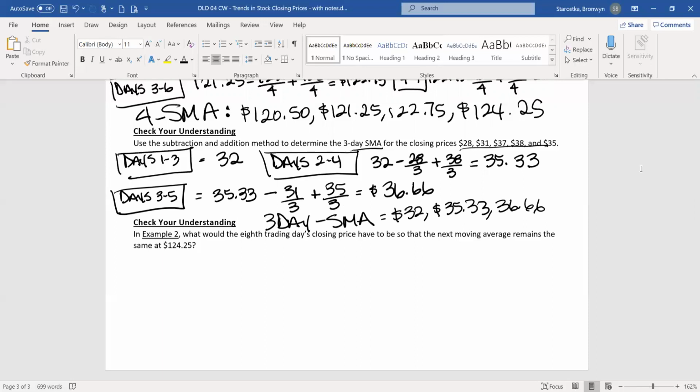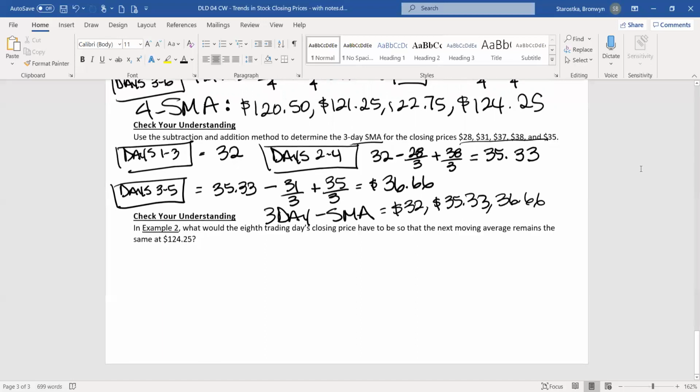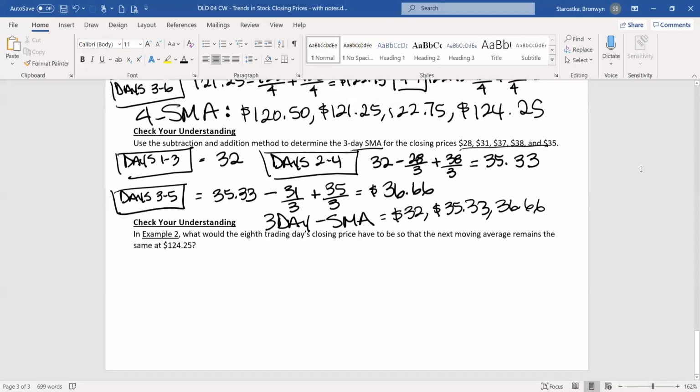And our final question: what would the 8th day's closing price have to be so that the next moving average remains the same at 124.25? Well, if we were going to look at days 5 through 8. Yeah.